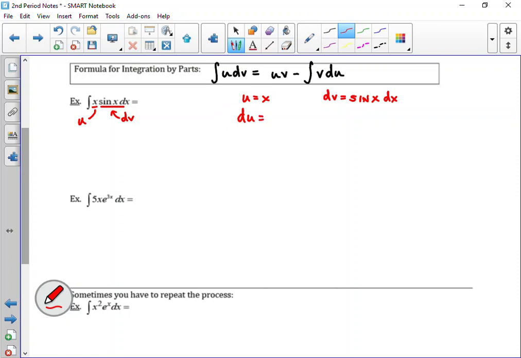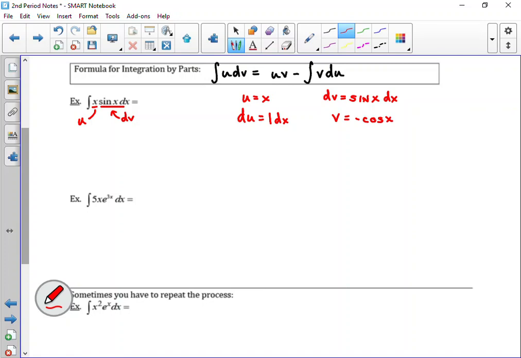If I know u equals x, what is my du? 1 dx, right? And if my dv is sine x, then what is v equal? Good. We don't need the plus c because we'll take care of it later.